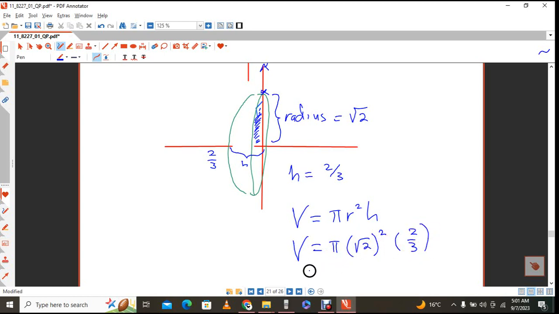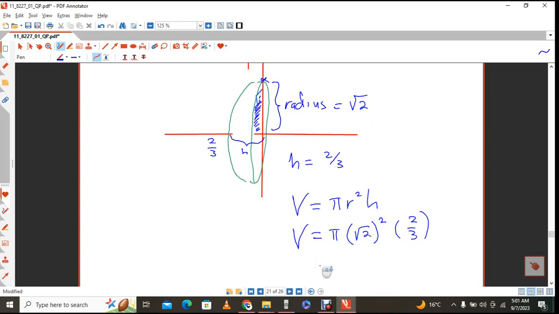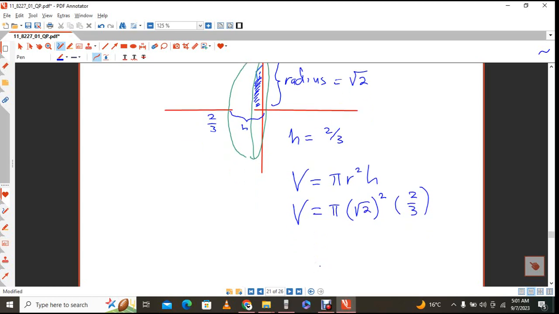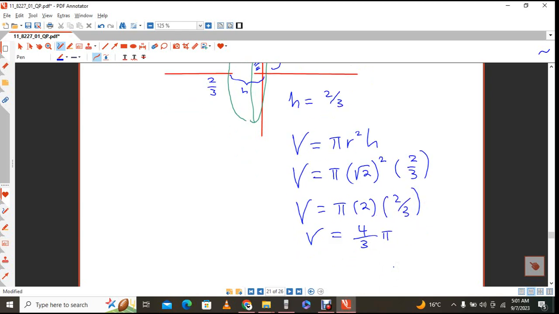Now if I multiply this out, it gives me the volume of the whole cylinder. It will be pi times 2, because the square root and the square cancel, times 2/3, and the volume would be 4/3 pi.